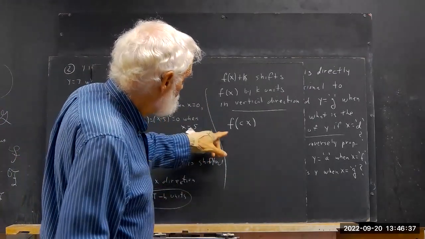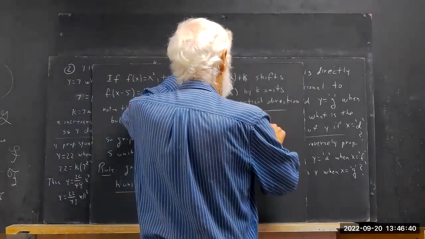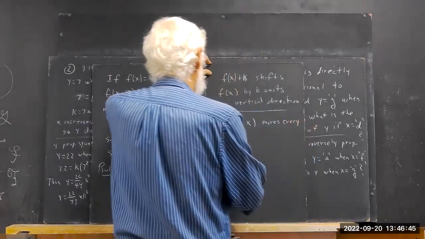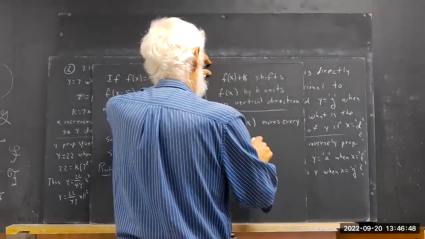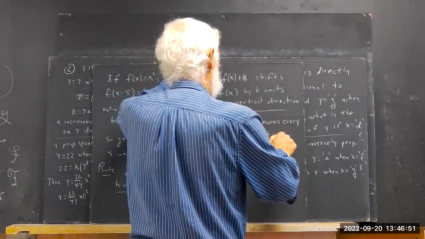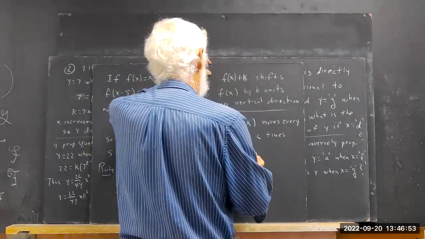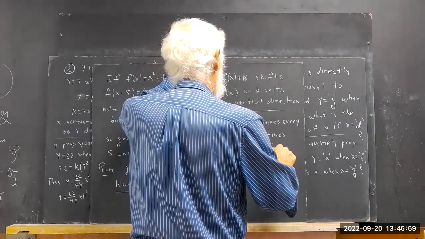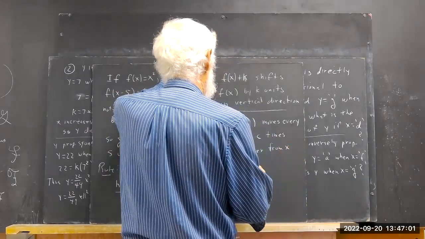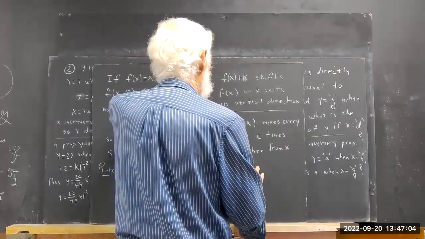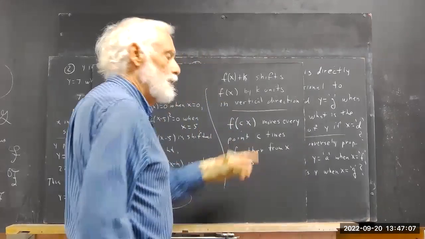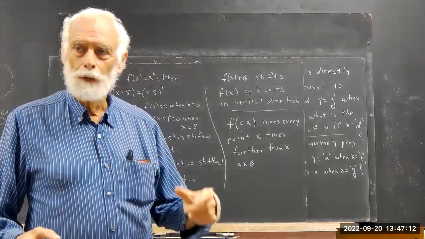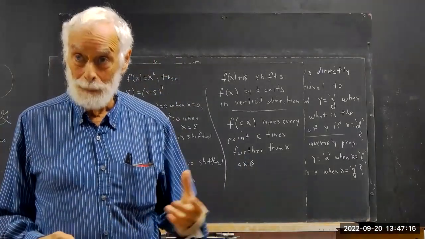Okay, so f of cx moves every point c times further from the x-axis. Now, if c happens to be 1/2, then c times further is really twice as close, isn't it? Does that make sense?